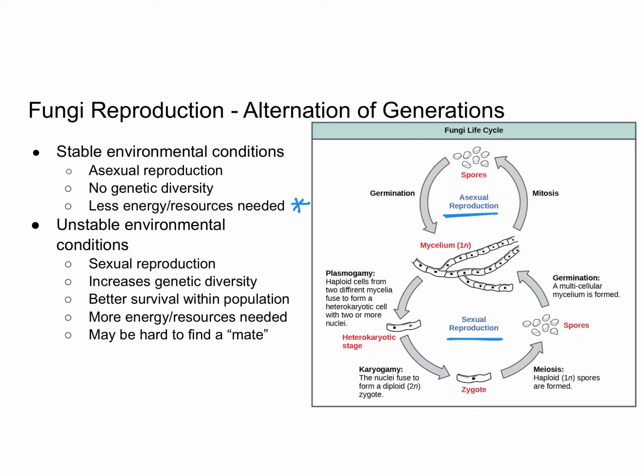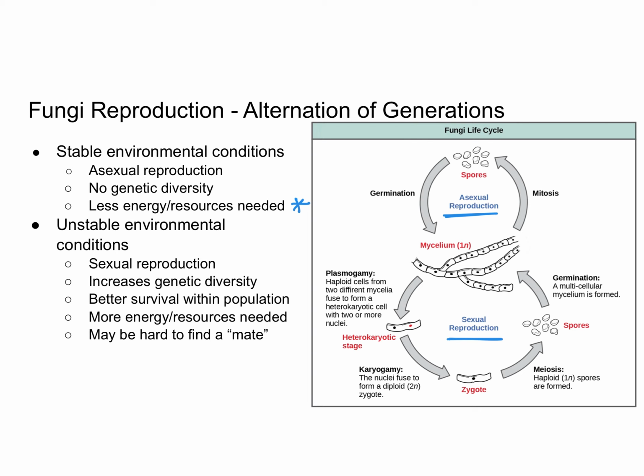So, if the environment is stable, we also know that the fungi in this stable environment are well suited for that environment because they're surviving. So we don't really need the genetic diversity in order for the population of fungi to be okay. However, when the environmental conditions change or become unstable, sexual reproduction is favored.